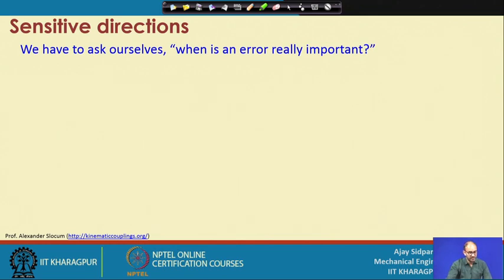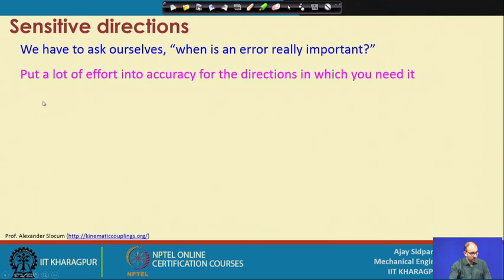Because many times some errors occur in the process, but they may not be very critical when you are getting a part out of it. So first you have to find out what those errors are and how important it is to remove them. So put a lot of effort into accuracy in the direction in which you need it.